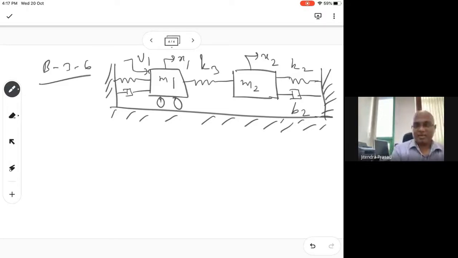This is a multi-degree of freedom system, and accordingly there will be two equations that you solve, a system of equations. There will be two outputs for the same input.